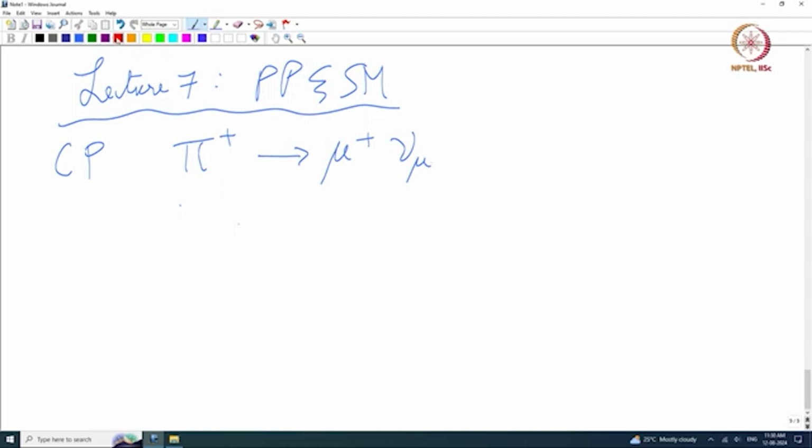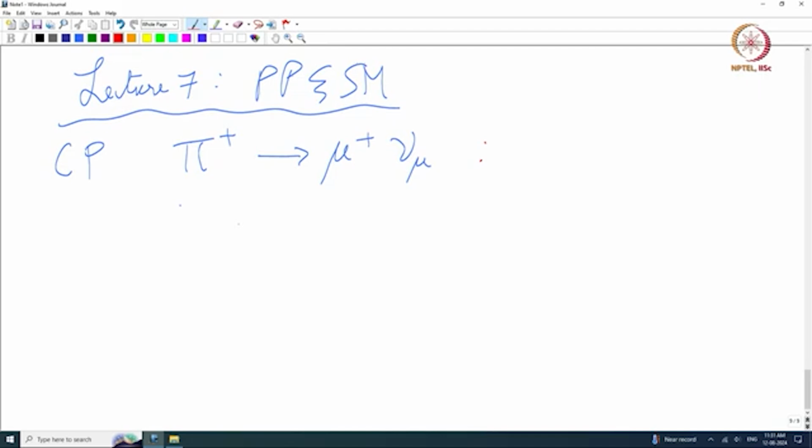Now I am going to remind you that it was from this process that it was discovered that the neutrino, in this case the mu on neutrino, is a left handed state. How? Because you could measure the helicity of the mu plus, and then by conservation of spin and conservation of momentum, the helicity that you measure of the mu plus turned out to be the helicity of the neutrino, right.